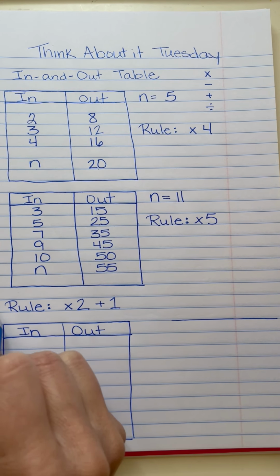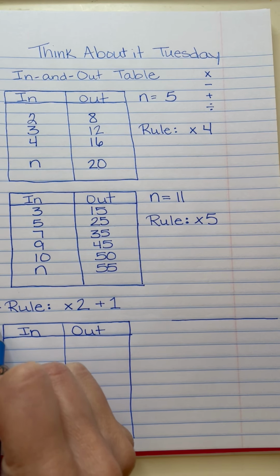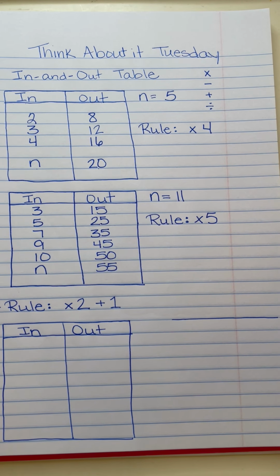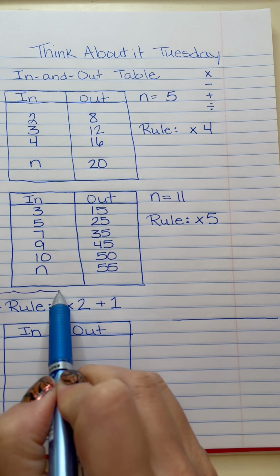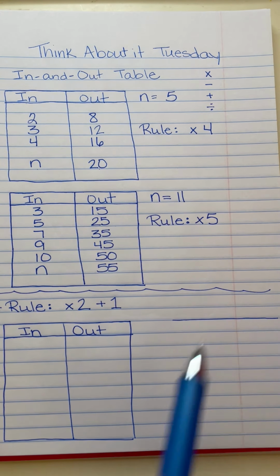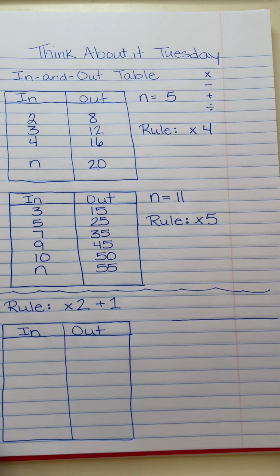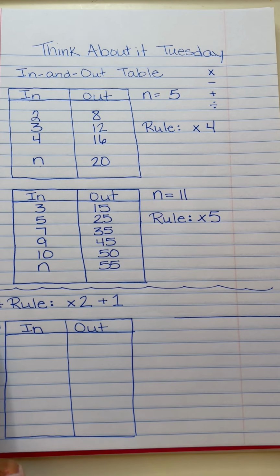And so this time we have a rule for our chart. Okay, and I'm going to separate that so that way I know when we're looking at your pictures, we know which part you did on your own. So this is the part that you're really going to be doing your work on.